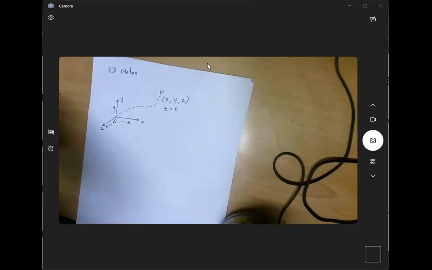Okay. And what are the vector operations you have studied? Dot product? Yes or no? Vector addition, I think you have studied, right? Then there are two multiplications.